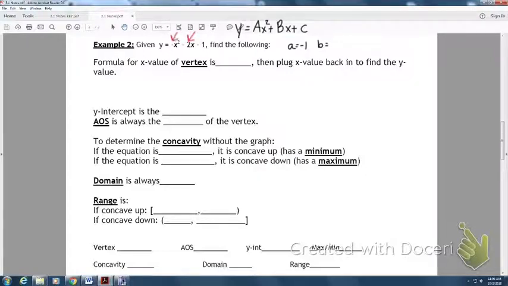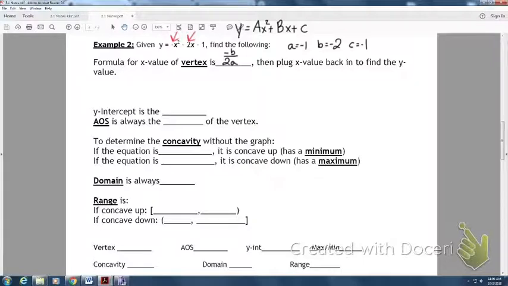Okay, it's just the coefficients. A and b are just the coefficients of x squared and x, and c is just the last number at the end. So your formula for the x value of the vertex, which is also the axis of symmetry, so you're finding it here too, is going to be negative b over 2a.